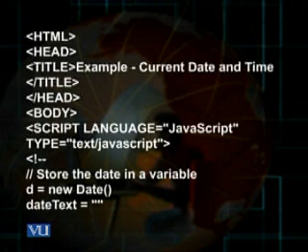This is just a clue for the user about what the coder is going to do. Underneath, you see, I have defined the instance of the date object. I define it with the letter d. You can see d equals new Date, and after the keyword Date there are parentheses. This statement, d = new Date(), defines the instance of the date object.